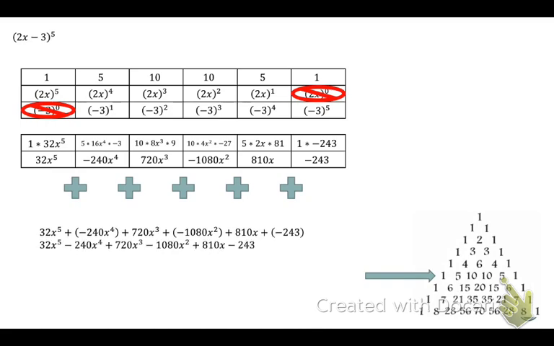Anytime you add a negative, it's the same as subtracting, so you can just change those to subtraction signs. Notice the alternating pattern in the signs. That always happens when it's subtracting.